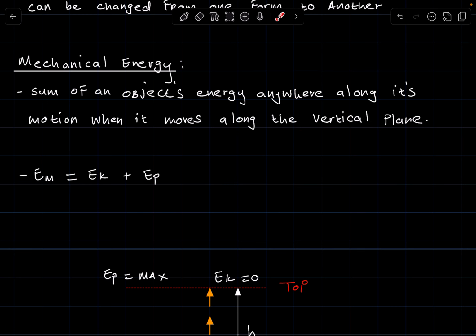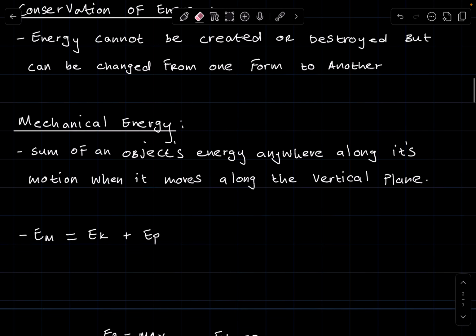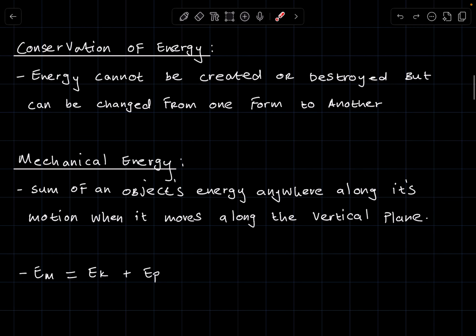EM is how we denote mechanical energy, and mechanical energy is equal to EK plus EP. Hence we say mechanical energy is the sum of an object's energy anywhere along its motion when it moves along the vertical plane. So along the vertical plane we get kinetic energy as well as potential energy. Now we are going to see how mechanical energy relates to the conservation of energy.